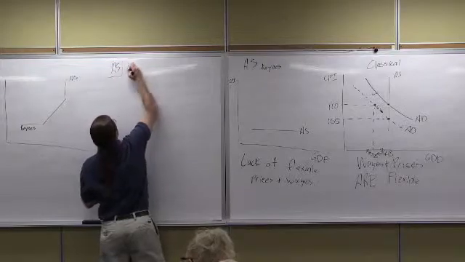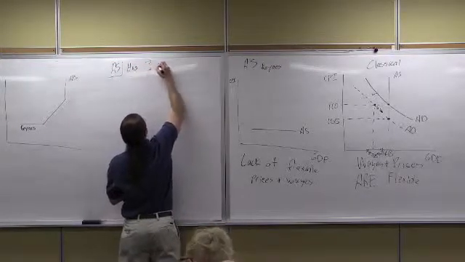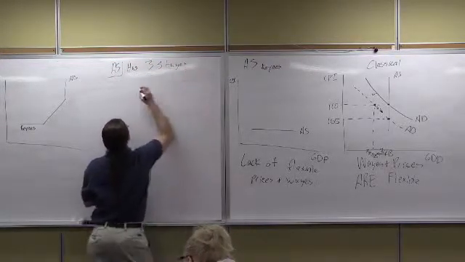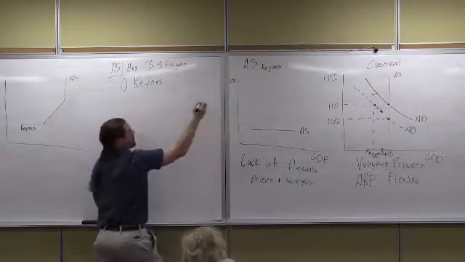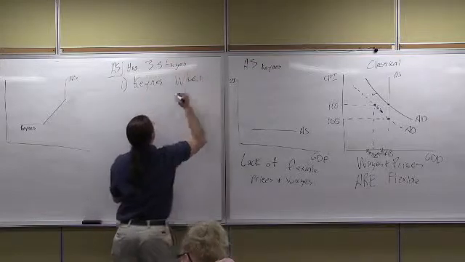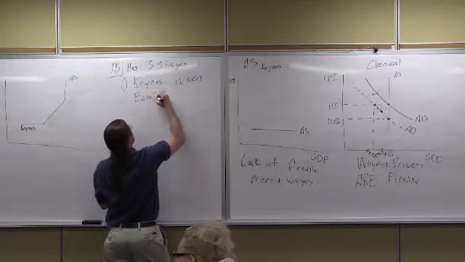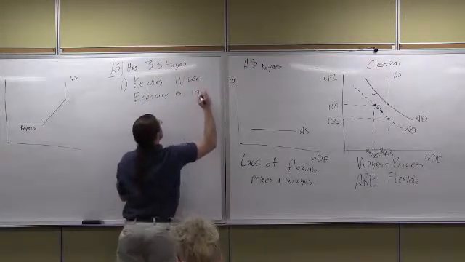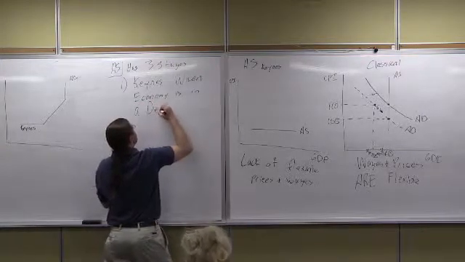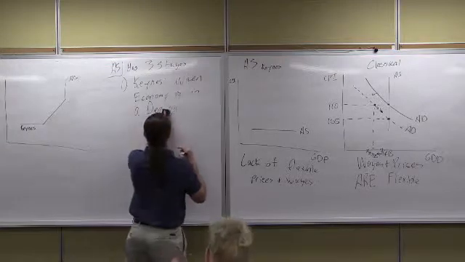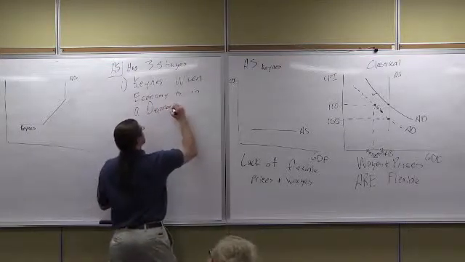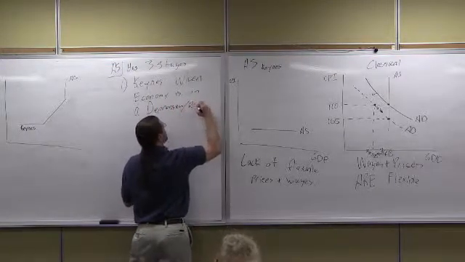So aggregate supply has three stages. One of them is called the Keynesian range, and this is when the economy is in a depression or recession.